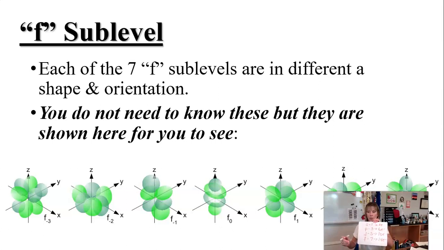So you can see this pattern right here: 1, 3, 5, 7. First orbital shape, 2 electrons. The P orbitals have 3 orbital shapes, 6 electrons. 5 orbital shapes, 10 electrons. 7, 14.